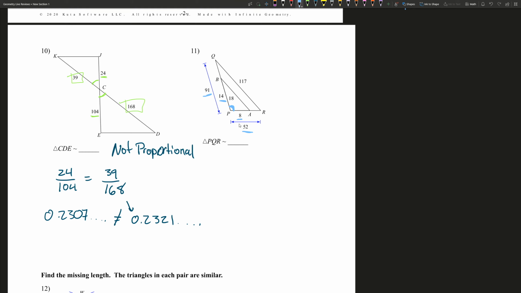All right, so if we do that, 14 corresponds to 91. 18 corresponds to 117. And then 8 corresponds to 52. And we need to see if each of these are equal.